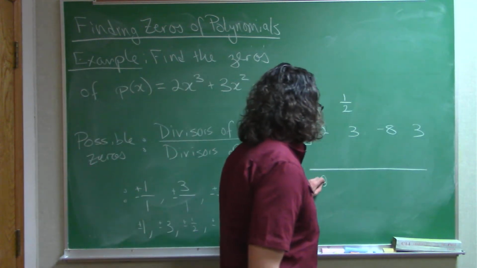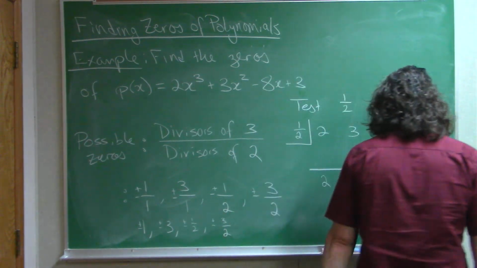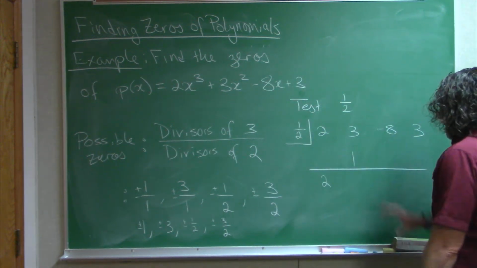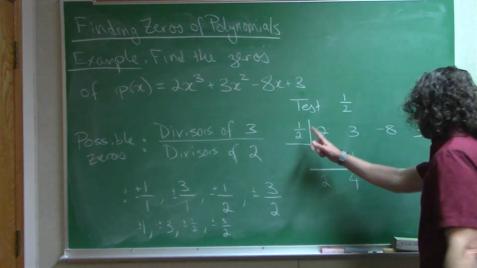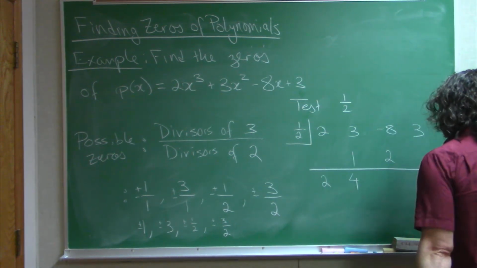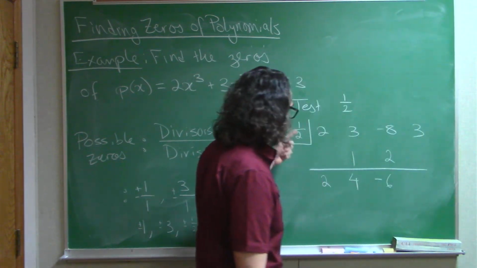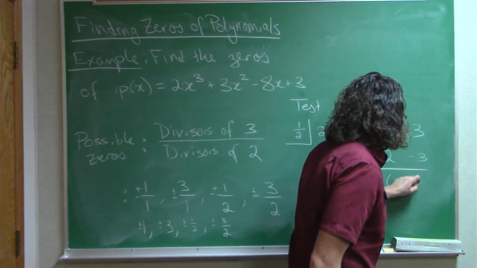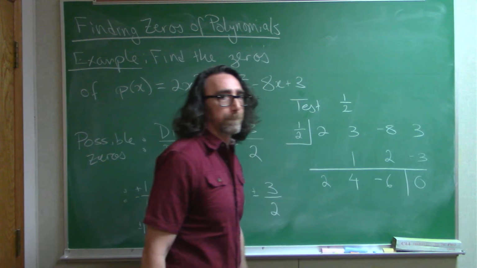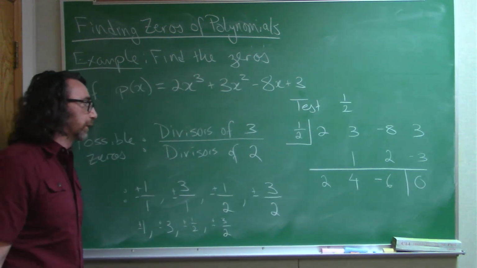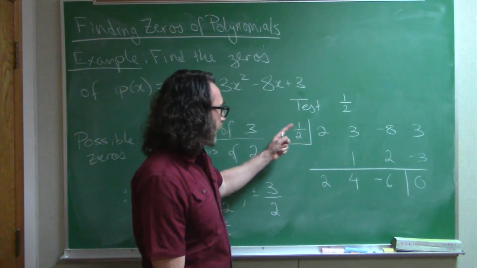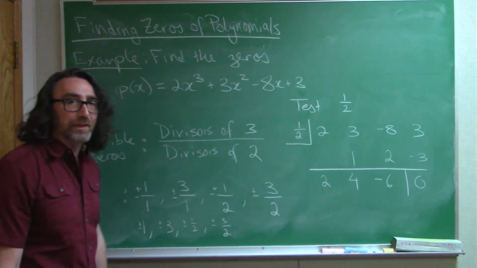Okay, drop it down. 2, multiply. 1/2 times 2 is 1. Add a 4, multiply a 2. -8 plus 2 is -6. Multiply -3. We get a 0. Wonderful. Okay? So x equals 1/2 is a 0.